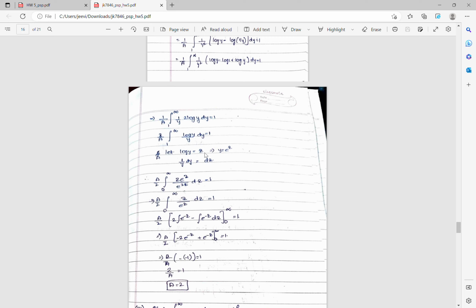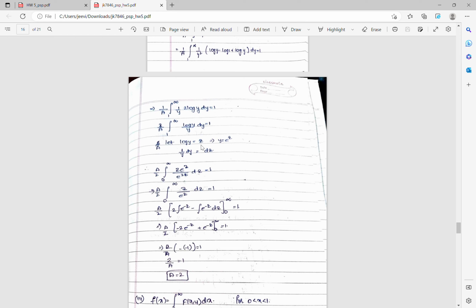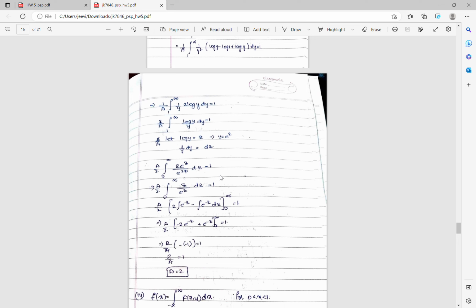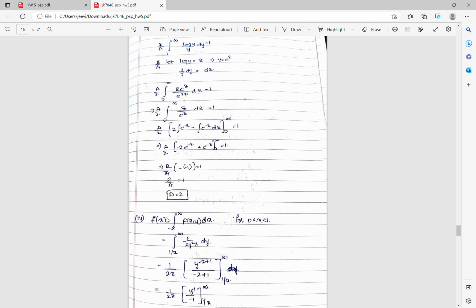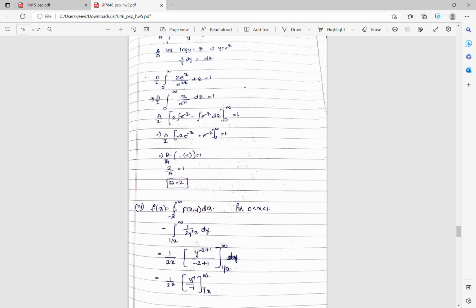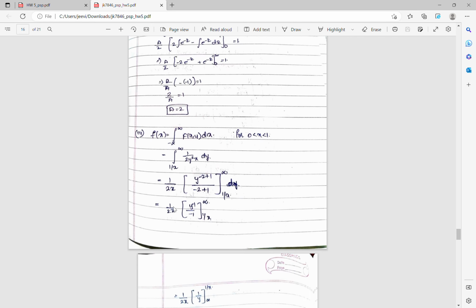Differentiating on both sides, we get 1 by y dy is equal to dz. We substitute that here and get 2 by a into integral of z into e power z by e power 2z dz equal to 1. If we do the integration, we get that the value of a is equal to 2. Therefore, that is the second part of the solution.